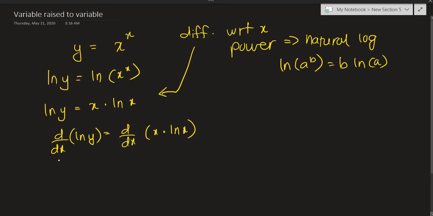So this is going to be 1 over y times dy over dx. Never forget the dy over dx. And now we have to use the product rule: x times the derivative of the natural log of x, plus the natural log of x times the derivative of x with respect to x.